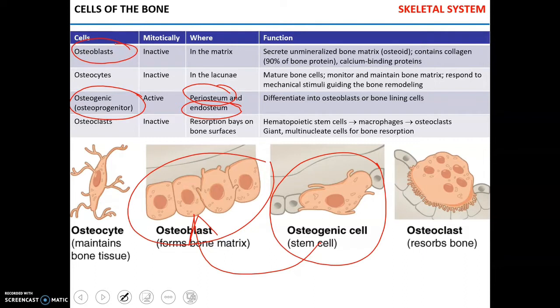They're found in the matrix of the bone, and their main function is to produce a mineralized bone matrix, a proteinaceous compound called osteoid that contains large amounts of collagen fibers and also calcium binding proteins.